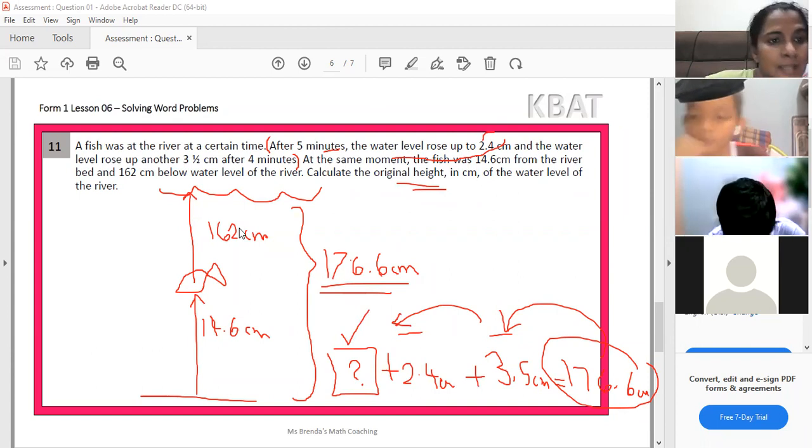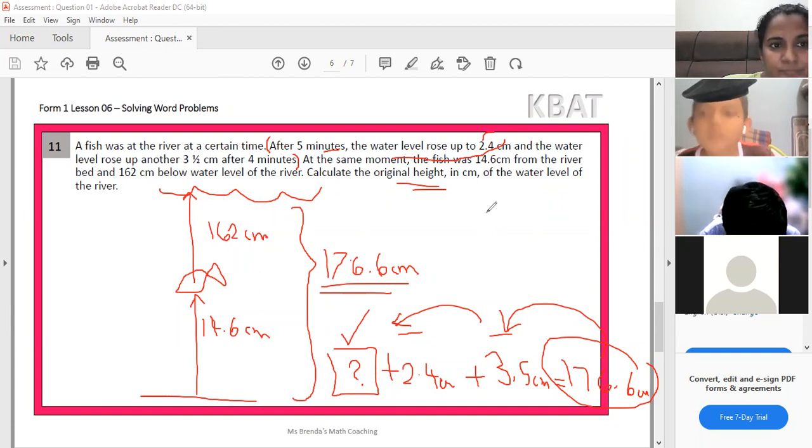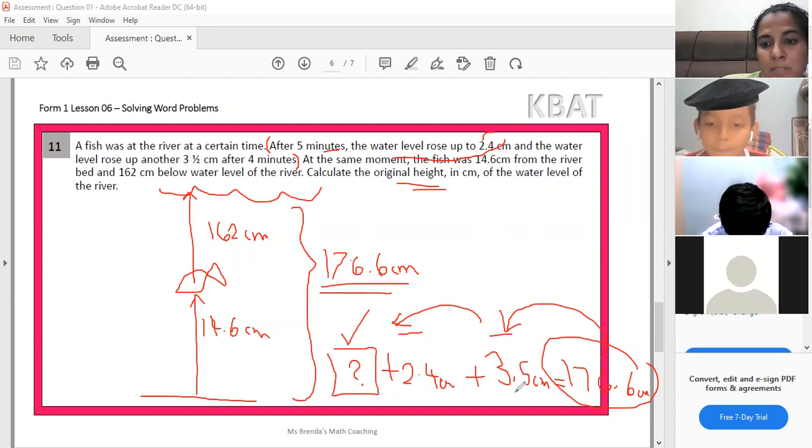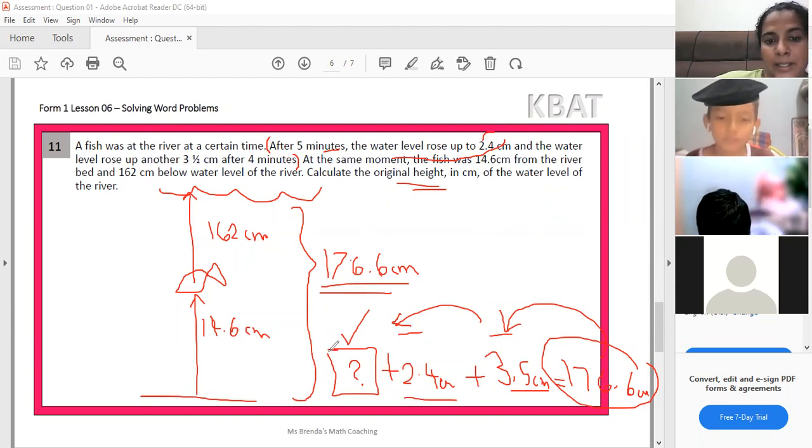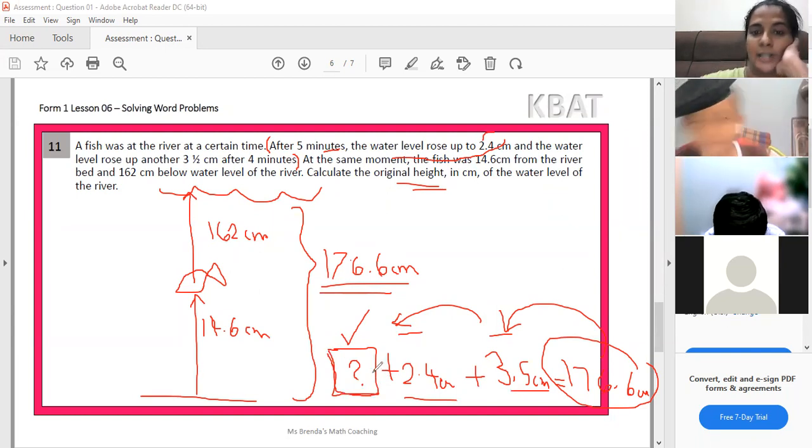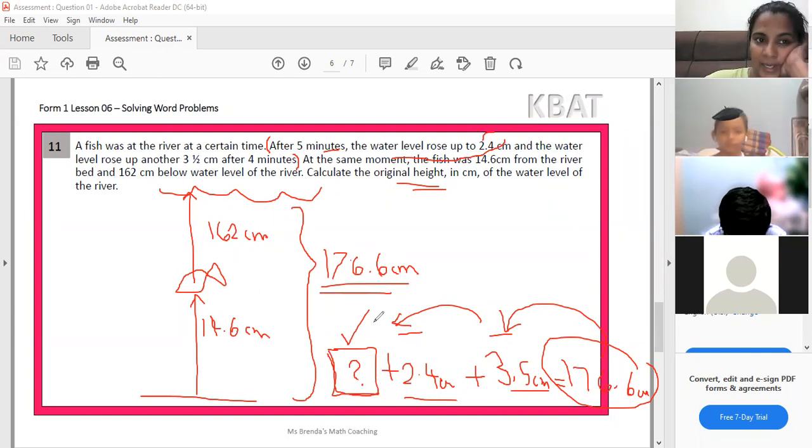And that answer should be, no, Danya, it should be 170.7 centimeters. Okay, your 176.6 will minus 3.5 and minus 2.4, to get to the original height of the river. Okay?